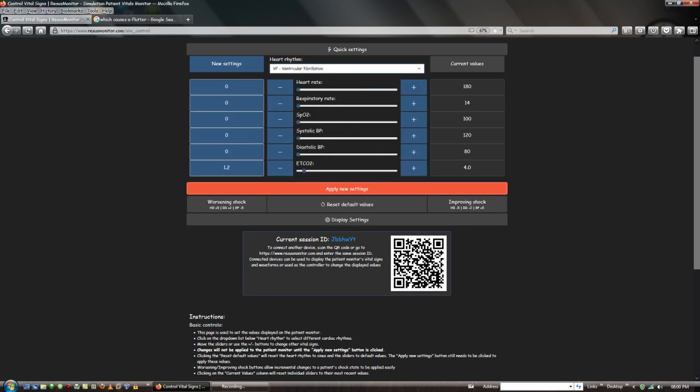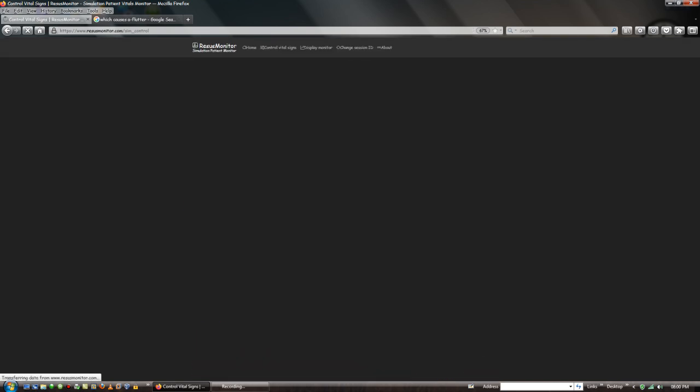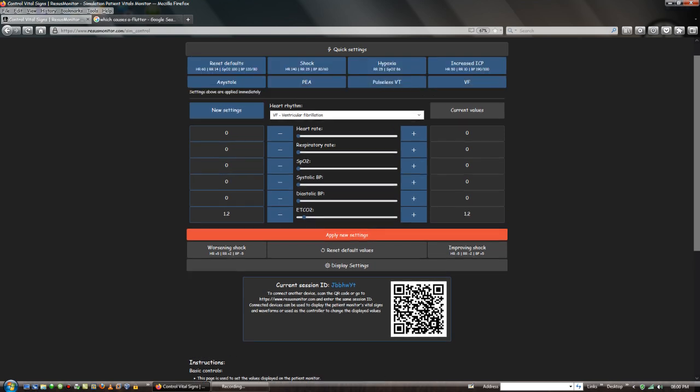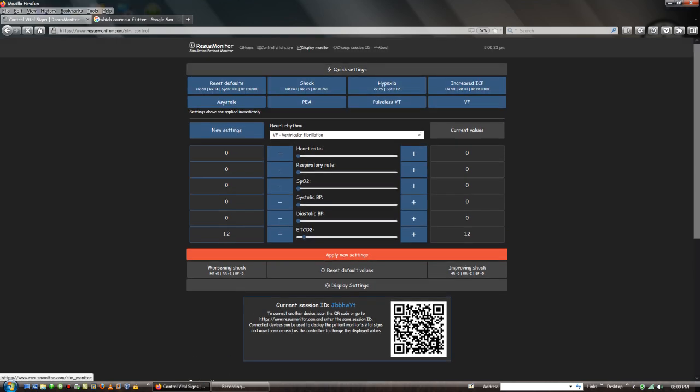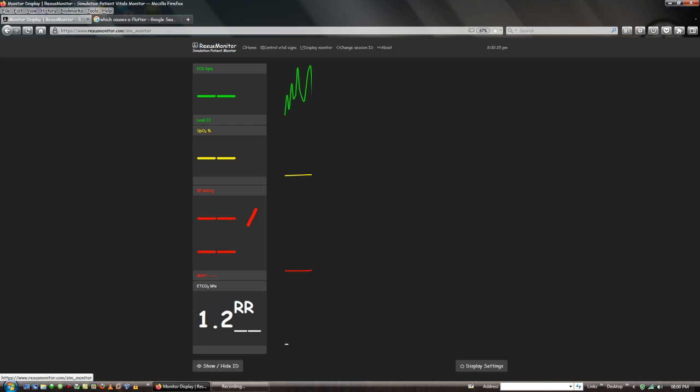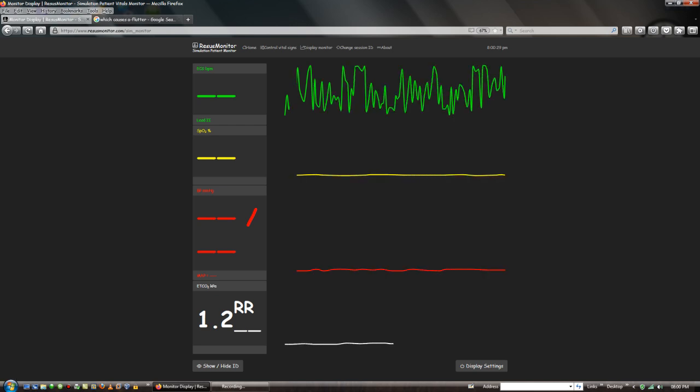And ventricular fibrillation. This is ventricular fibrillation. Now this is a form of cardiac arrest, and it is widely considered the cause of cardiac arrest in the patient's heart.